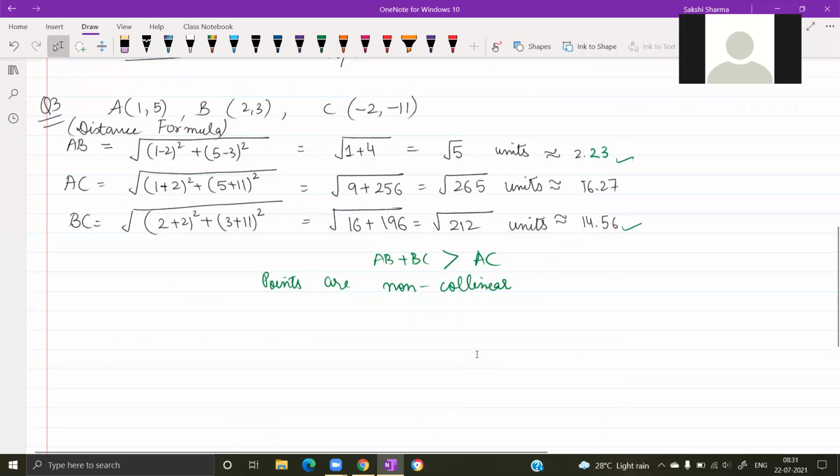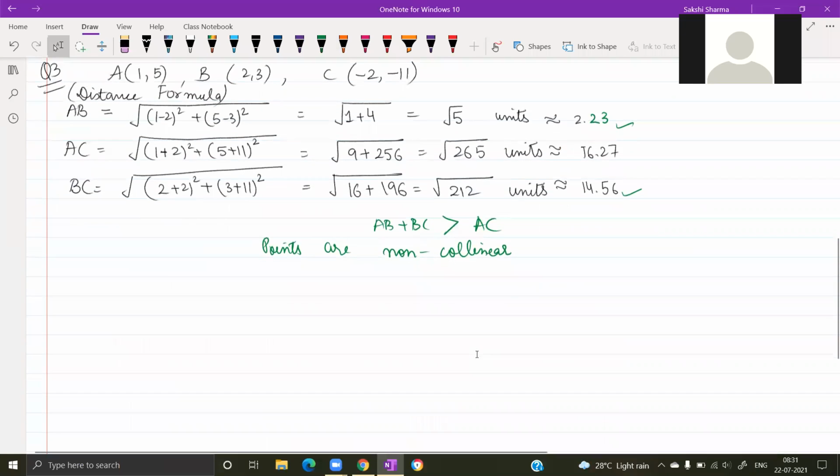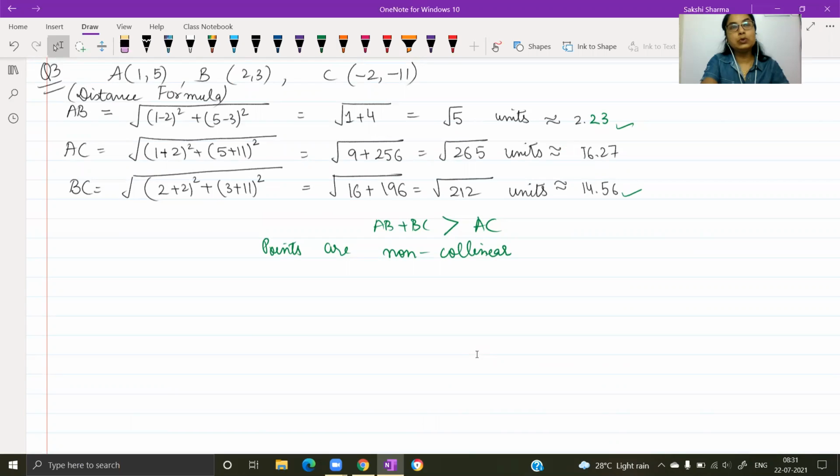Excuse me, ma'am. Yes, Rohan. Ma'am, in 5th question, can we directly compare the diagonals? If diagonals are equal, then it could be a rectangle or a square. Even then you have to find out the sides.